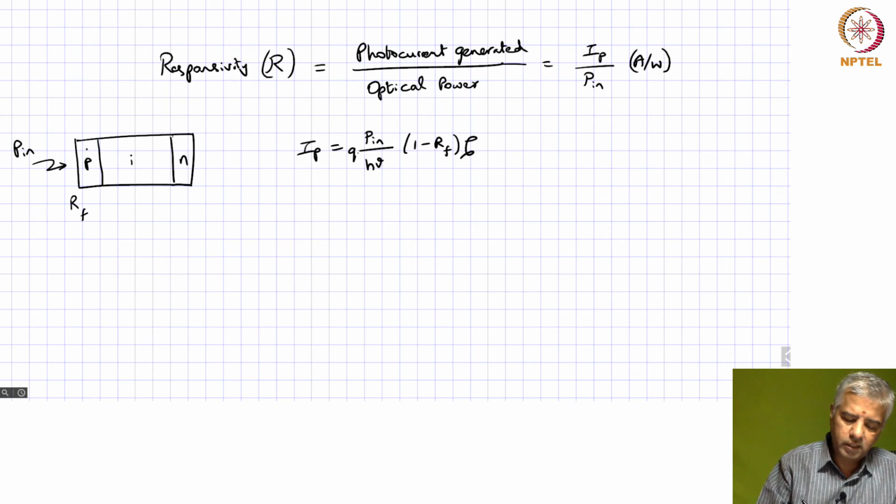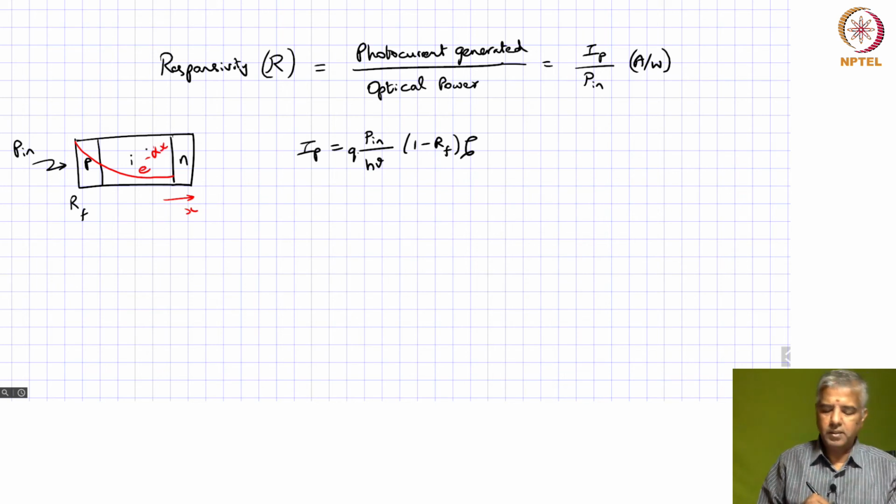So you have a certain uniform absorption happening across this structure. The power that gets absorbed is expressed as e power minus alpha x, let's say this direction is x.